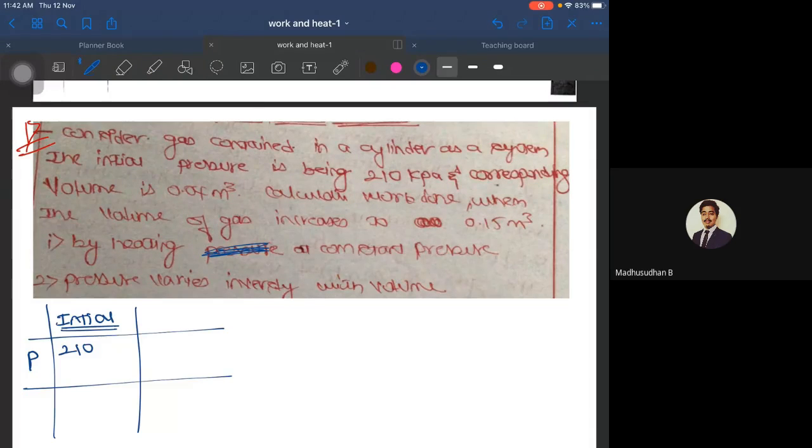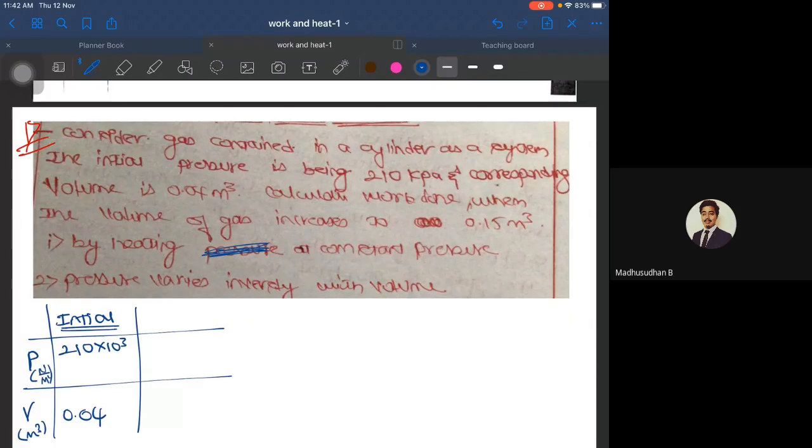Always write in Newton per meter square, so it is 210 into 10 to the power of 3 newtons per meter square. The corresponding volume, which we write in meter cube, is 0.04 meter cube.